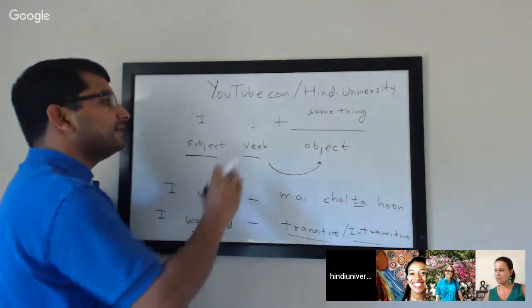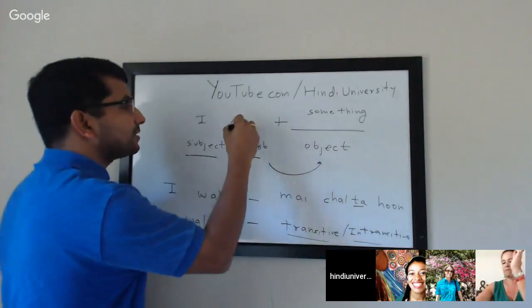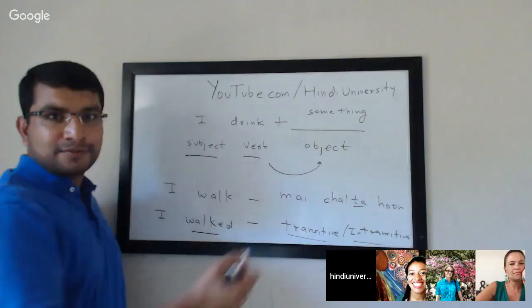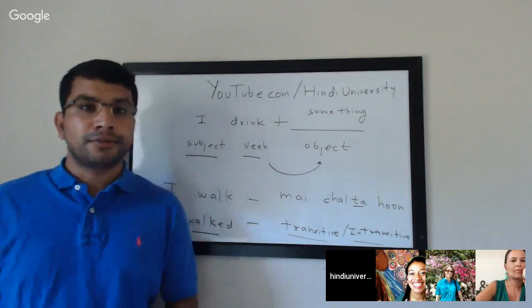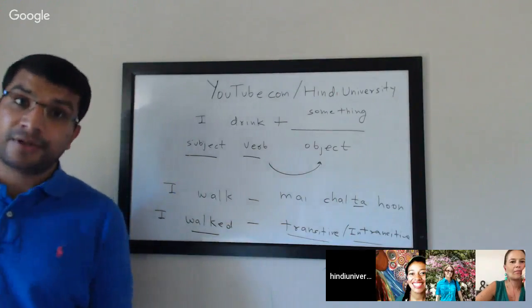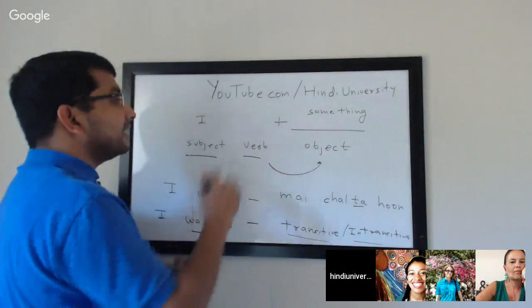Similarly, I drink. Let's say the formation is something like I drink something. Usually, I will say I drink a glass of water or a glass of soda or something like that, right? I drink something. Okay, or I study something.